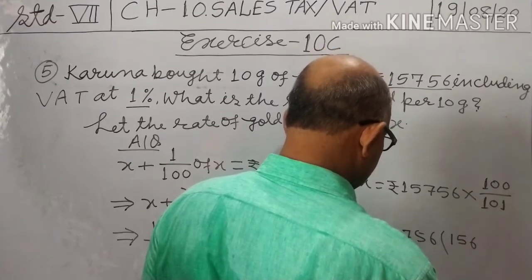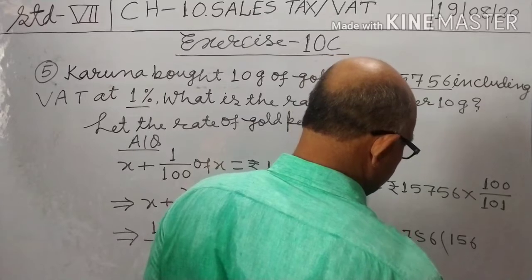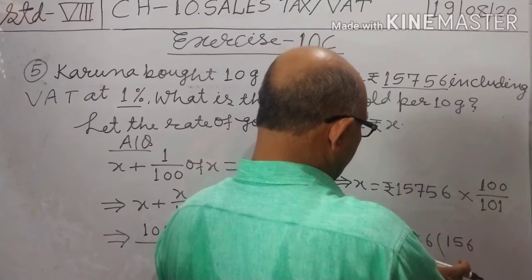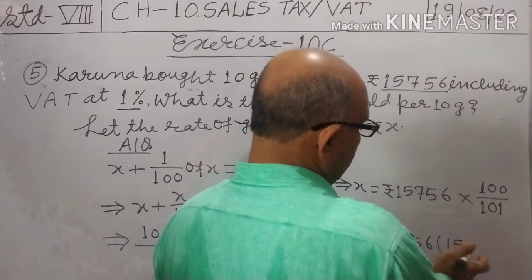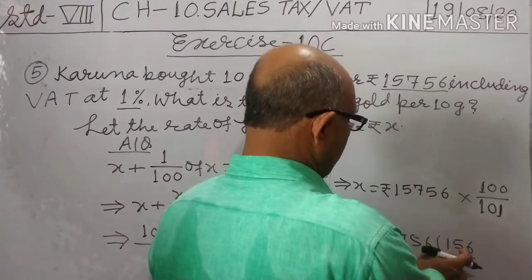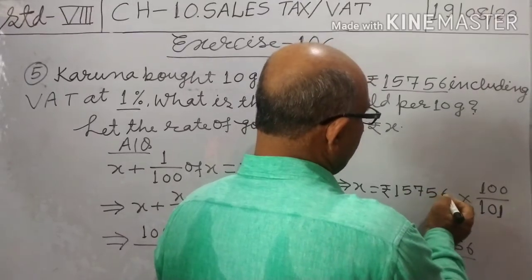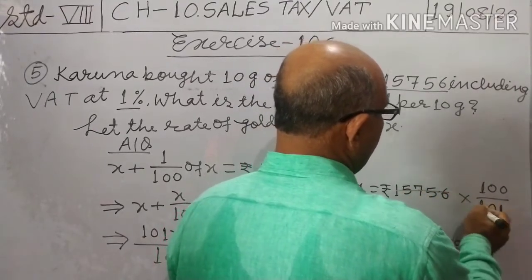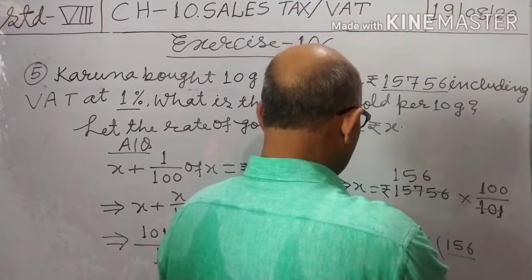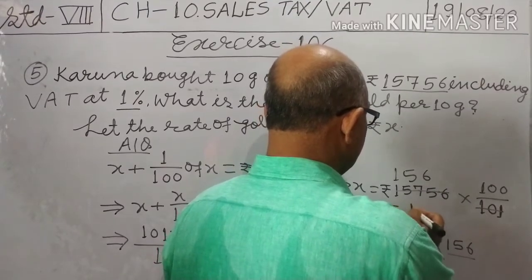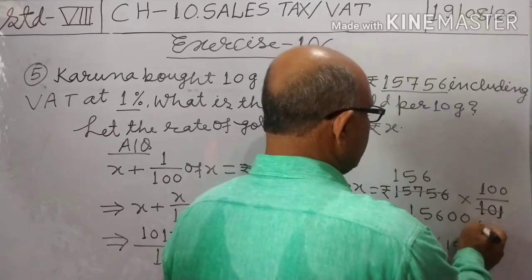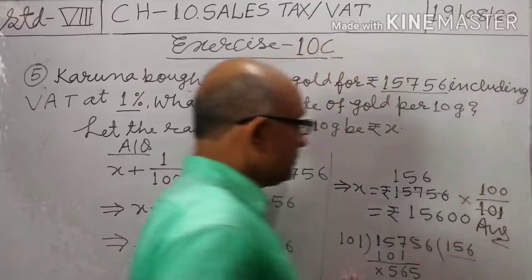Now 6 times 101 is 606. So cancel. 15,756 divided by 101 equals 156. So 156 multiplied by 100, so rupees 15,600 is the answer of this question.